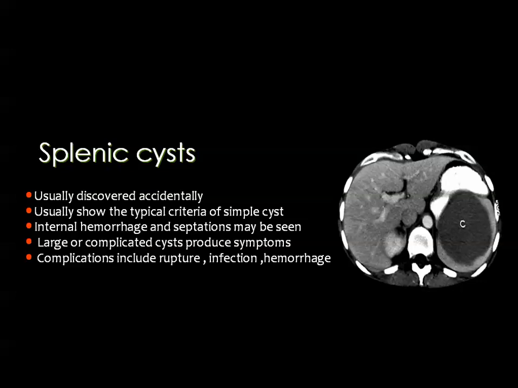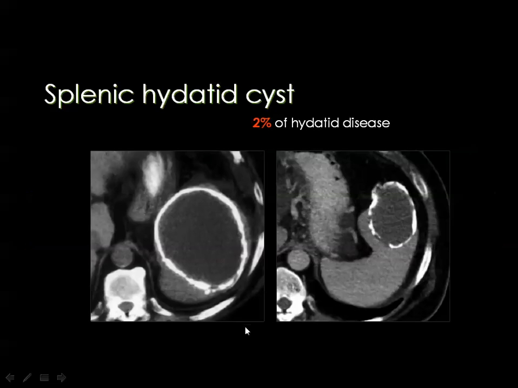And these are the criteria of the typical benign simple cyst anywhere in the body. Then the complications of a simple cyst are 3: either rupture if it is large, or secondary infection, or internal hemorrhage.